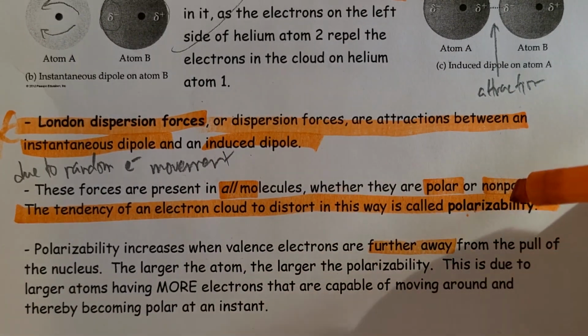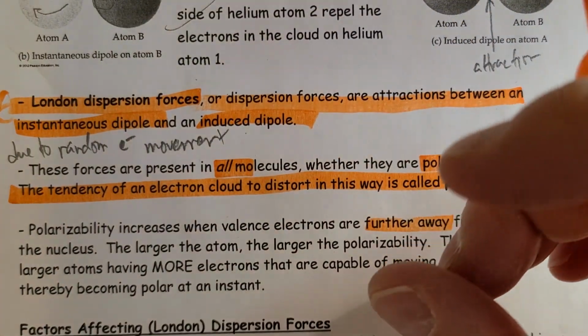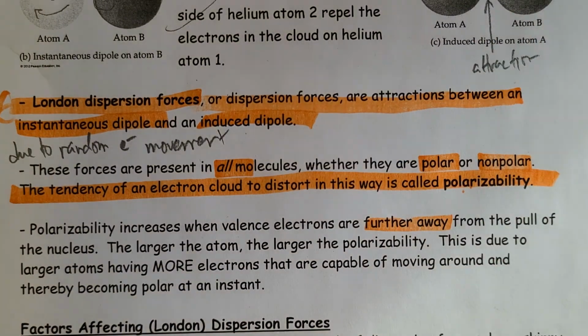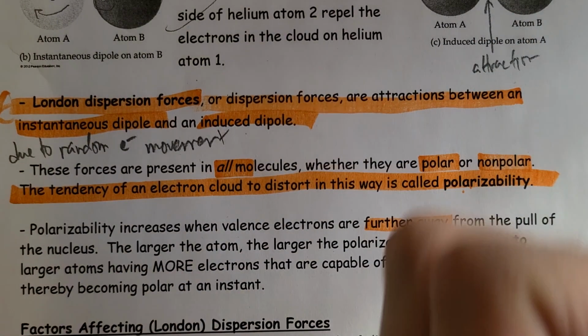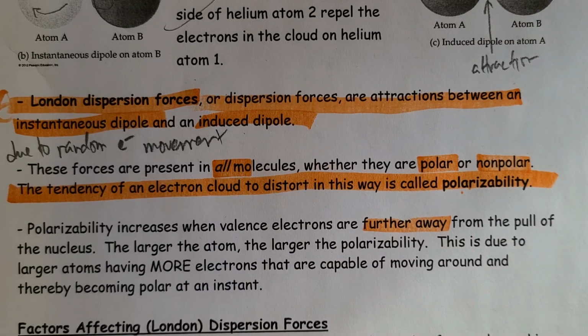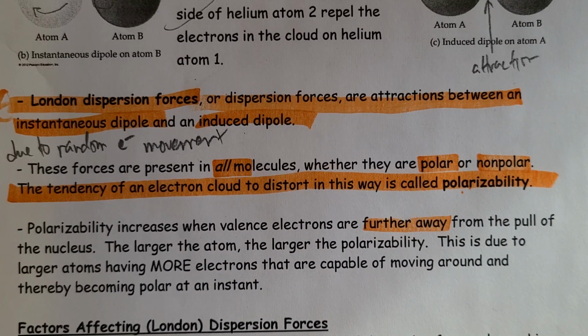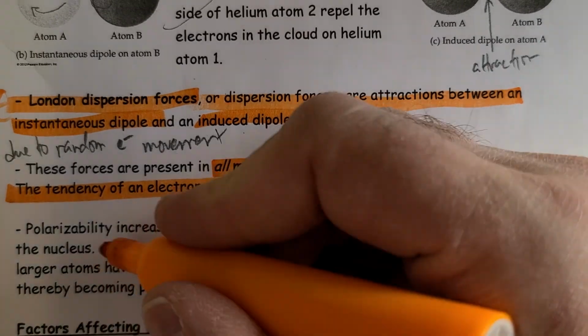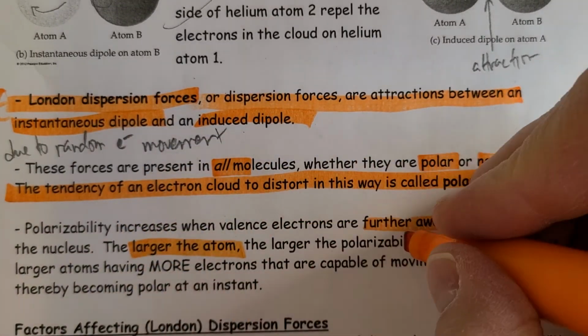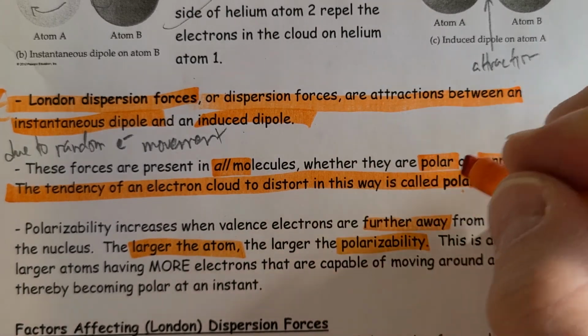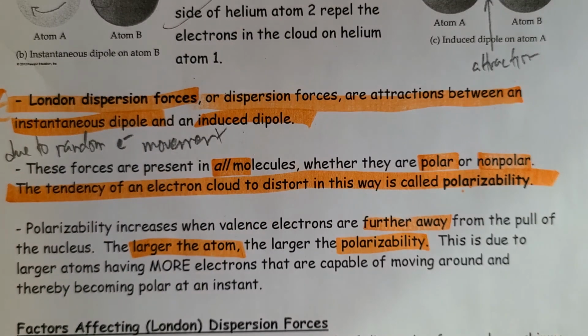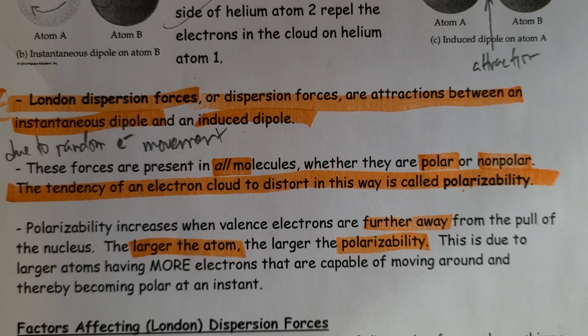So we can think of it as it's almost like home. If kids are away from home, chances are they can do whatever they want and they aren't held by that attraction for home. Same thing here. The nucleus has less of a hold on outer electrons in larger atoms. So it just goes to say that a larger atom will have more polarizability for two reasons. There's more electrons in a larger atom, and plus they're further away from the nucleus, so they can move around.